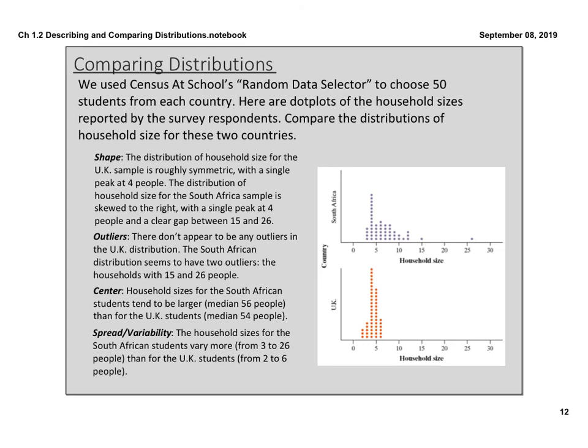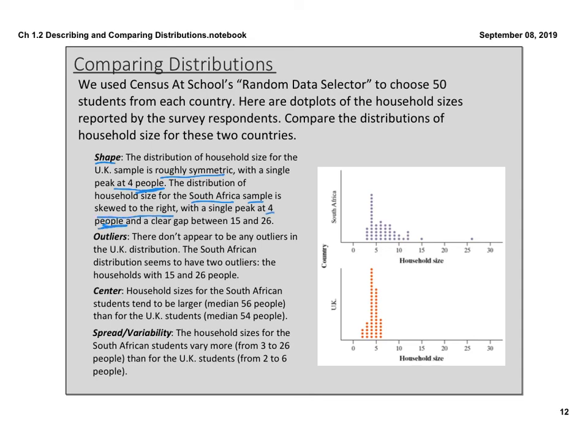Okay, so in this case, it says we used census at schools. Oh, this is the same thing. This is their description. So for shape, the distribution of household size for the United Kingdom sample is roughly symmetric with a single peak at 4 people. There's the context. The distribution of household size for South Africa sample is skewed to the right with a single peak at 4 people.